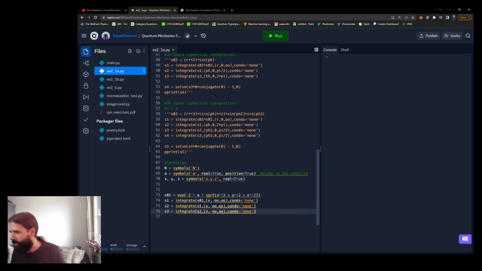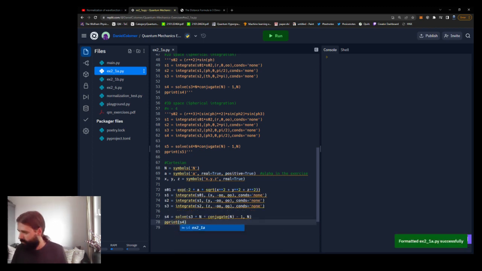So once I have everything, then we solve for this, times n and the conjugate of n minus 1, so that we print S4. Will that work out? I don't know.